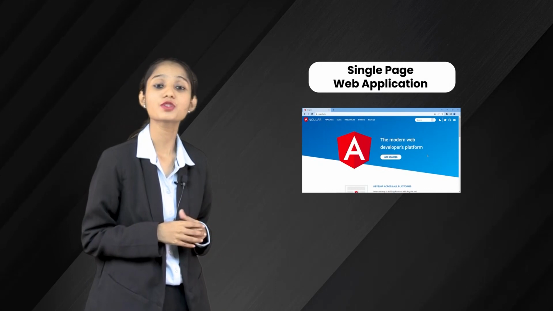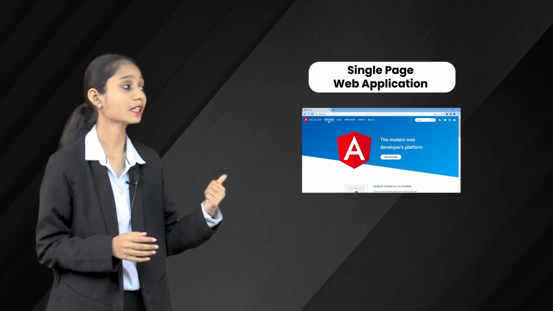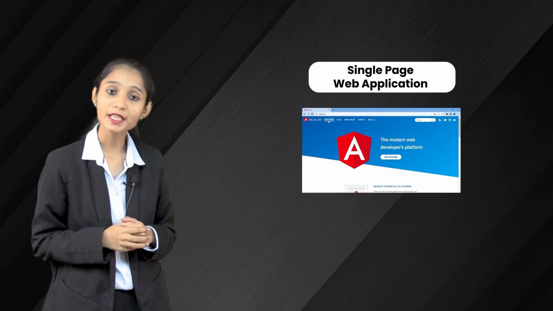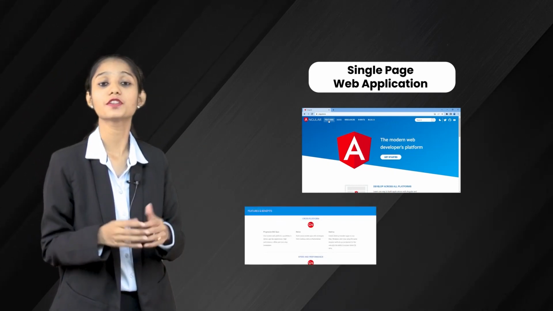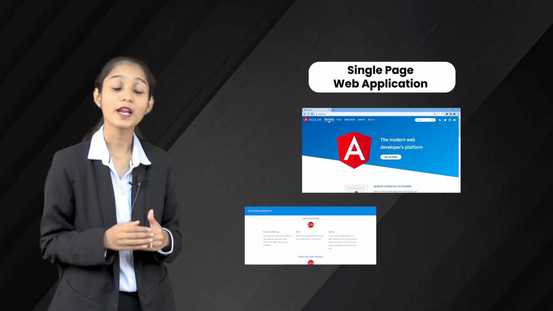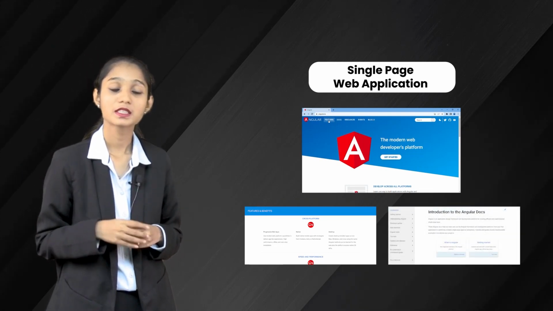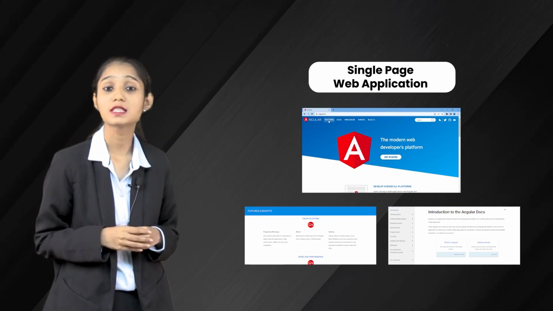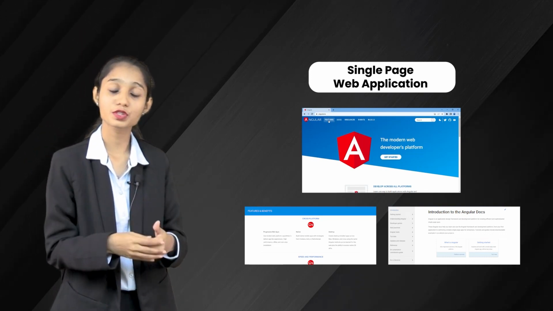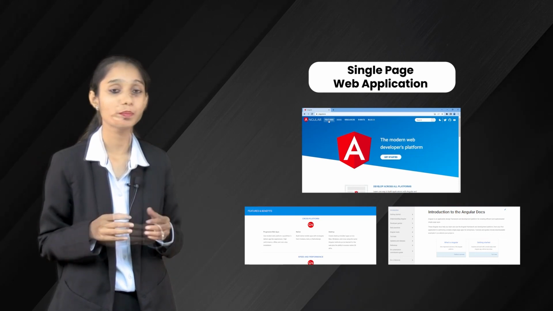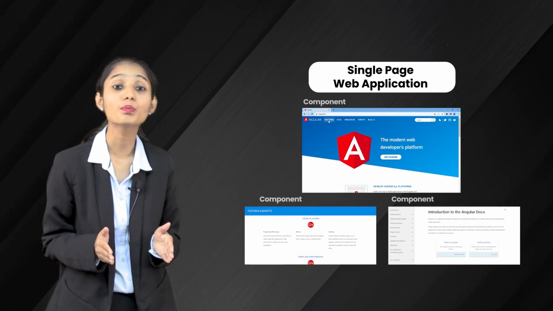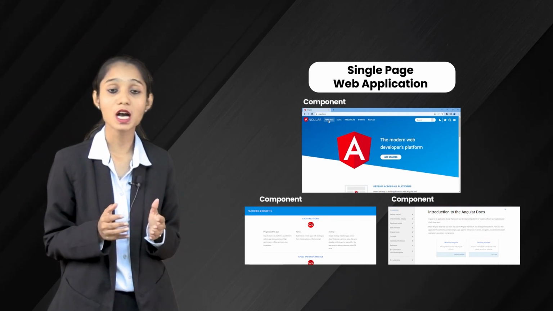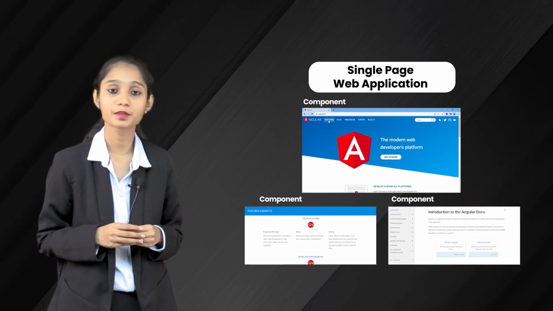So let us see the single page web applications. Whenever I clicked on features, the content related to features was displaying. Whenever I clicked on docs, the content related to docs was displaying. In the single page web applications, each of these individually is called a component. And you can ask me, ma'am, what about the template?